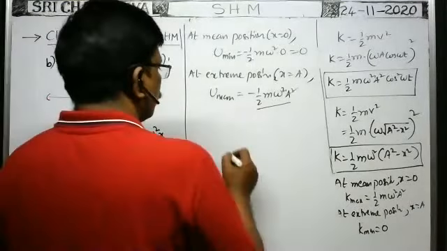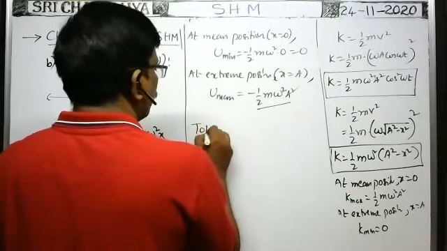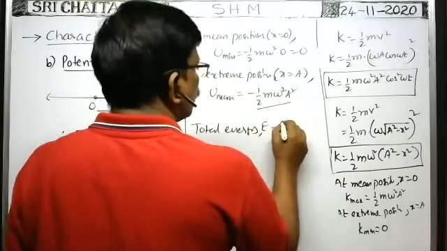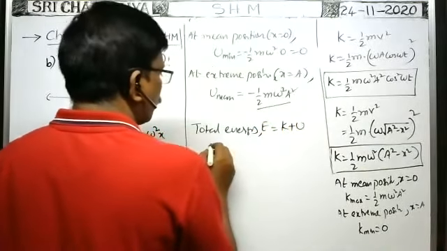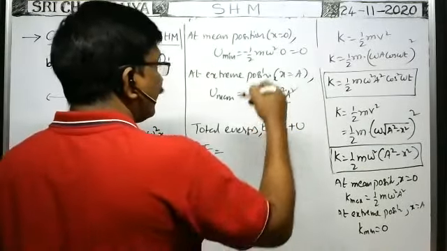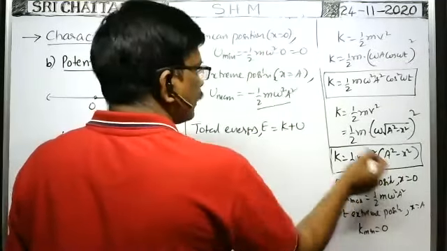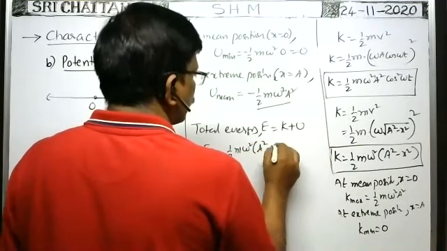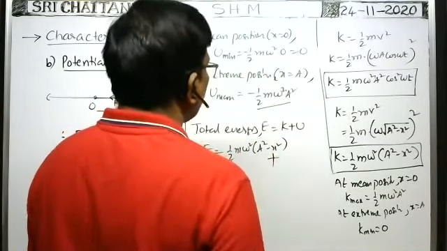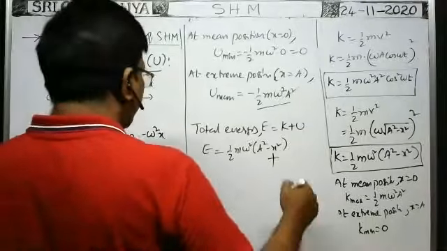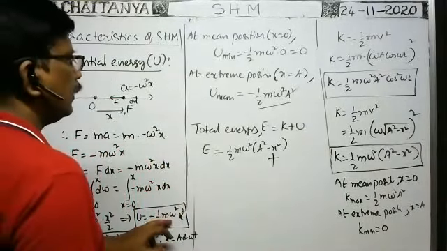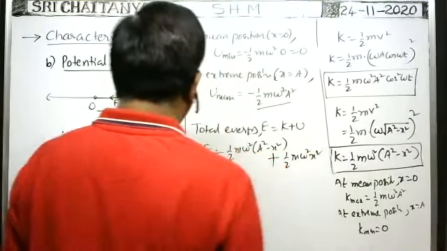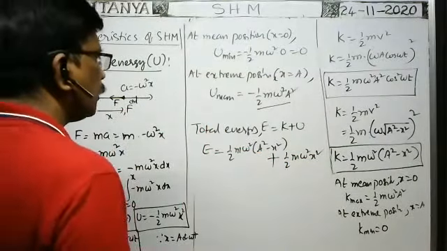What is the total energy of the particle in SHM? Total energy E is equal to the sum of the kinetic energy and potential energy of the particle in SHM. That is equal to, at any displacement x, kinetic energy half m omega square into A square minus x square, plus potential energy, just take magnitude, half m omega square into x square.